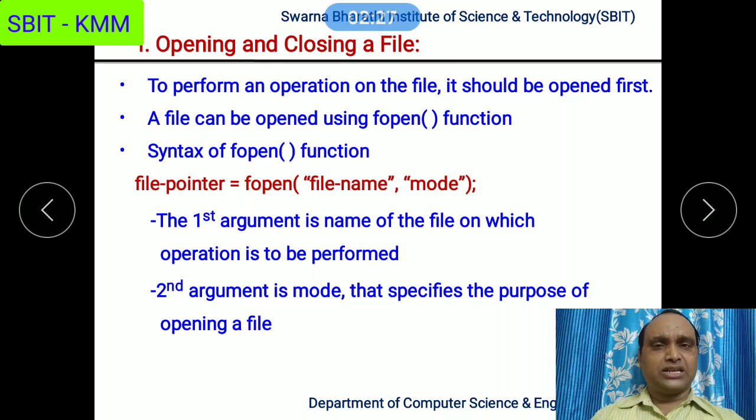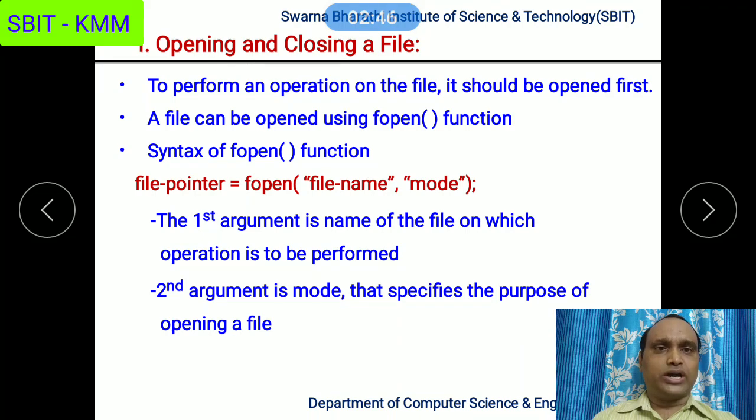Normally the operation that we perform here is read operation and write operation. Read operation means reading the contents of the file. You can read the contents of the file character by character, word by word, or line by line. So it depends on which C function you are using to read the contents of the file.